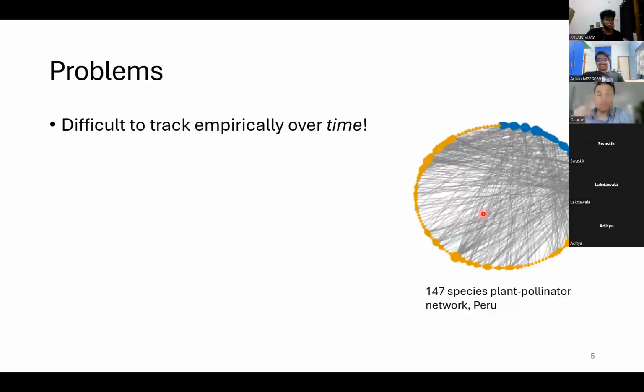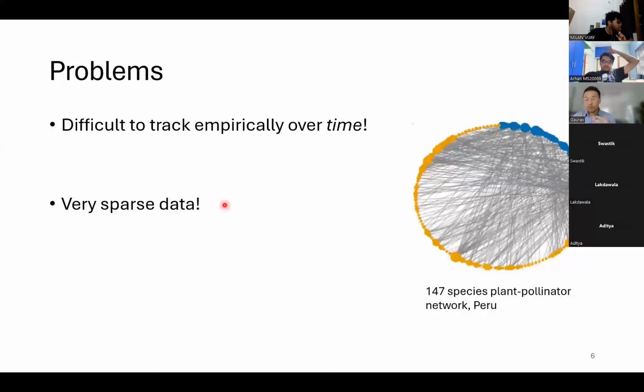it's very difficult to empirically track these 147 species over time. How can you track each species, let's say, almost every year? It's very difficult from the empirical side of things. And because it's very difficult to track such species over time, we have very sparse data, which, unlike in other fields, is very different.